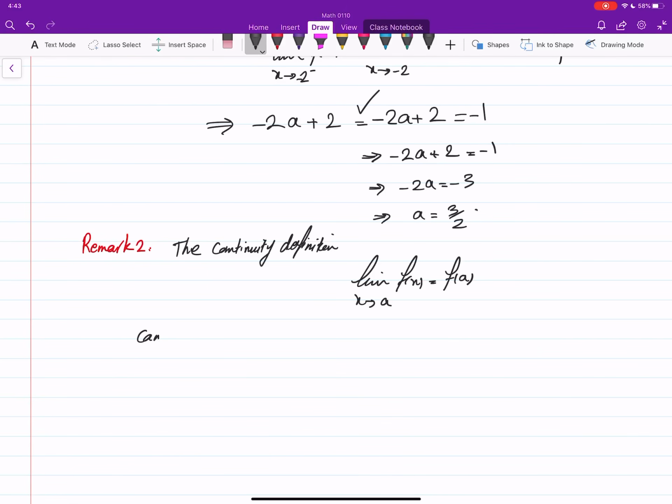It can be somehow generalized, but that word is not quite correct. What I mean is that it can be modified to define one-sided continuity.